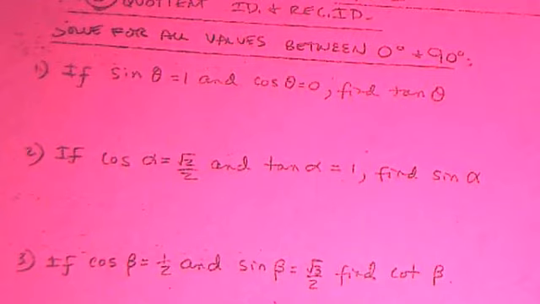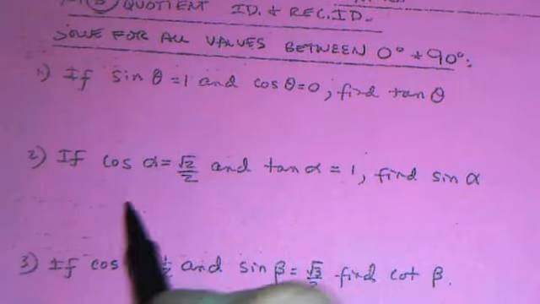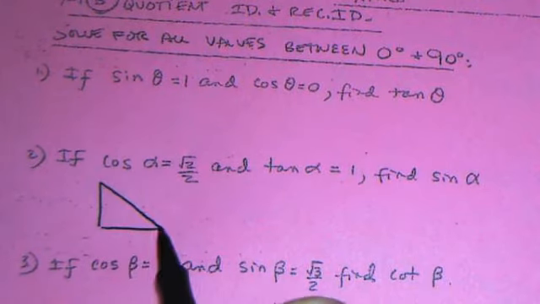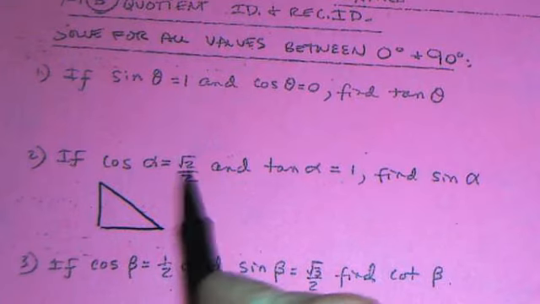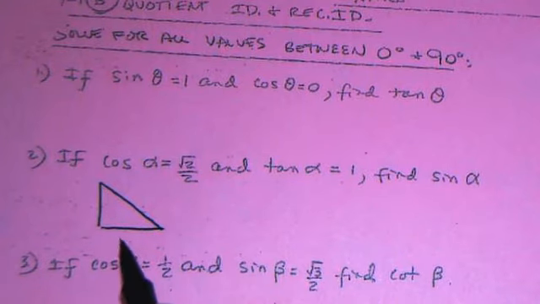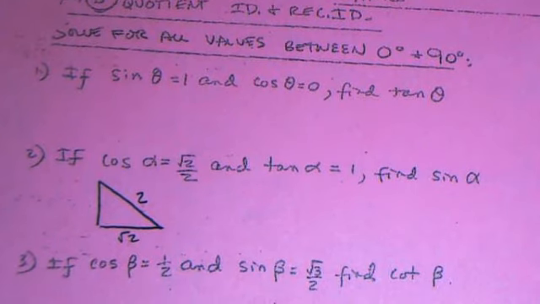We want to sketch a triangle, and it tells us that the cosine is root 2 over 2. So that means the adjacent side over the hypotenuse is root 2 over 2. Root 2 is the adjacent side, and the hypotenuse is a 2.